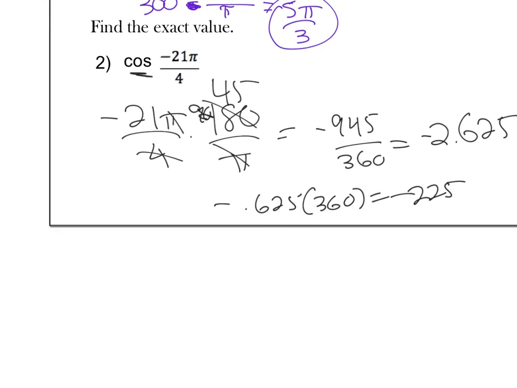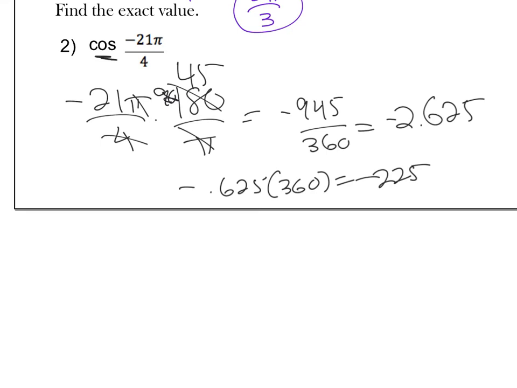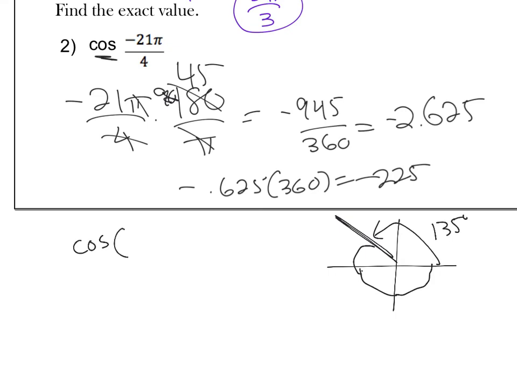So that means on the unit circle, I'm going negative 90, negative 180, negative 225 is right there. So that from this direction becomes 135 degrees. So the cosine of 135 degrees is going to be negative positive. So that one's going to be negative square root of 2 over 2.